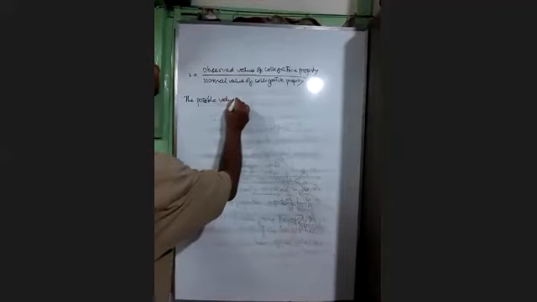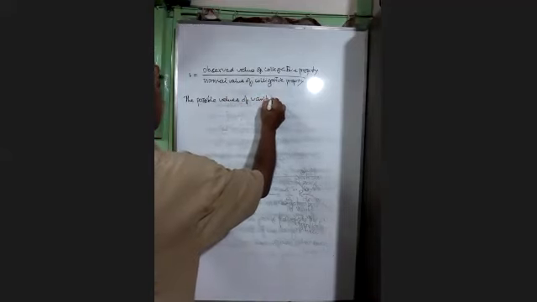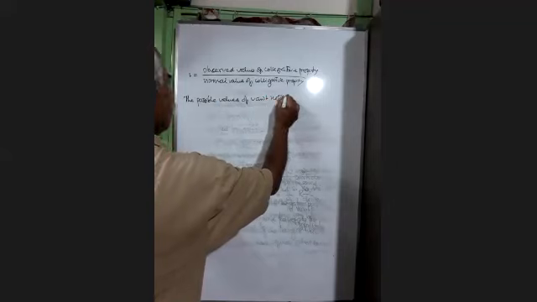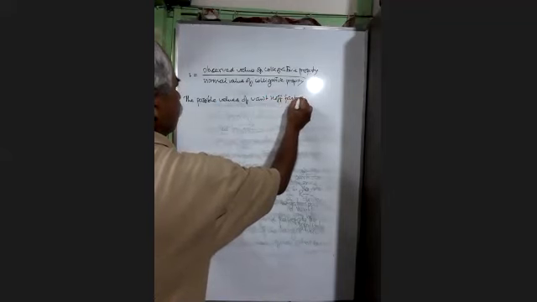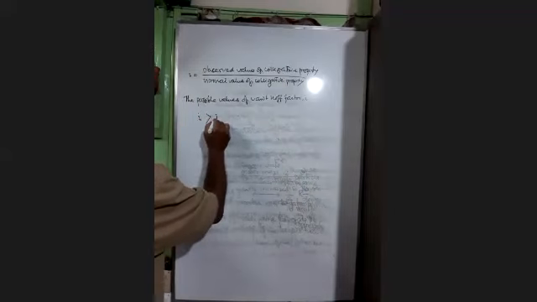Possible values of the Van't Hoff factor i. See, I can be more than one. If i is more than one, the number of particles has increased.